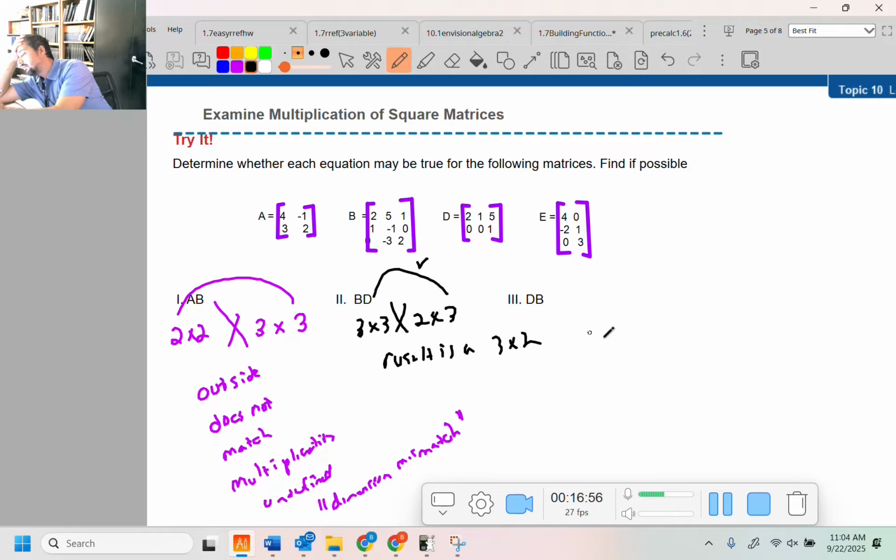So let's go ahead and work with it. We're going to have 3 rows, 2 columns, and this is going to be a bit of a pain. We're going to grab row 1, column 1. Sorry.